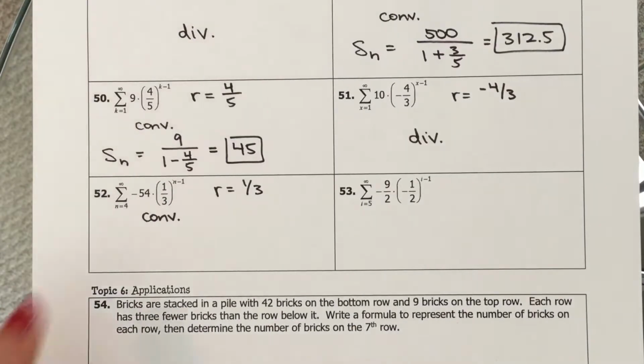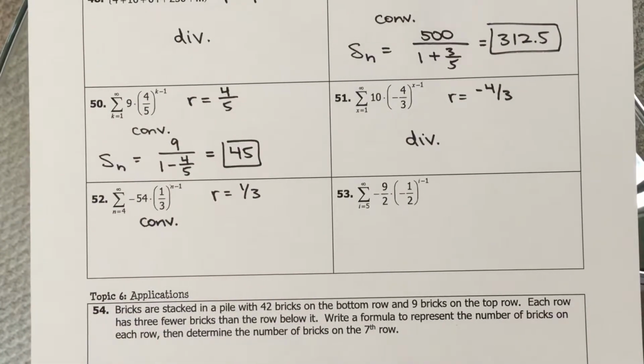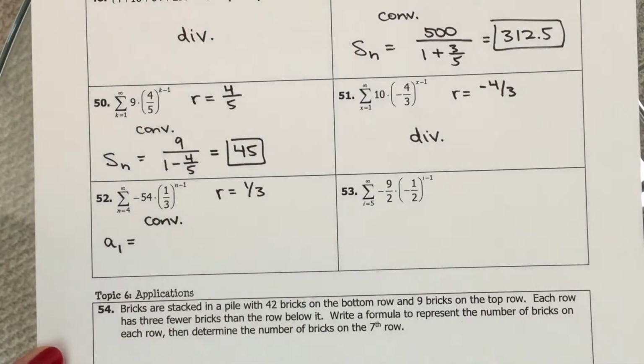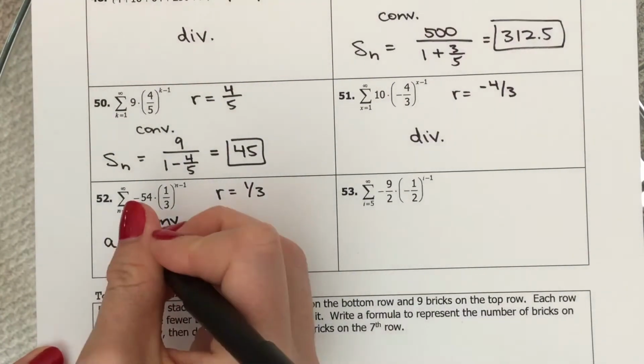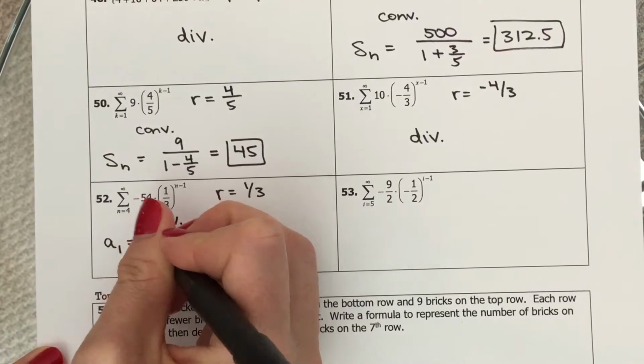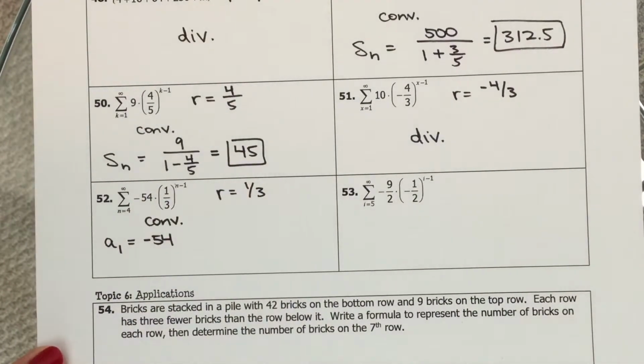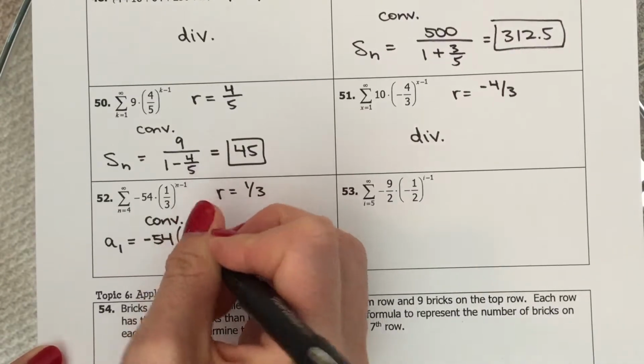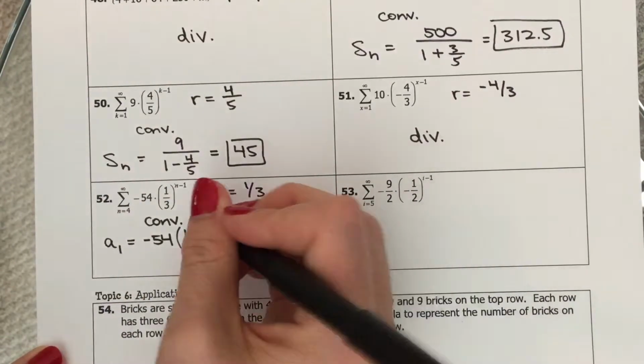This one's a little bit trickier because your lower value is a 4. So you have to start somewhere different and make sure you can kind of trace your way backwards to figure out what A1 would be. So A1, you can do this formula where you say you've got -54 and then 1/3 to the 4 minus 1.